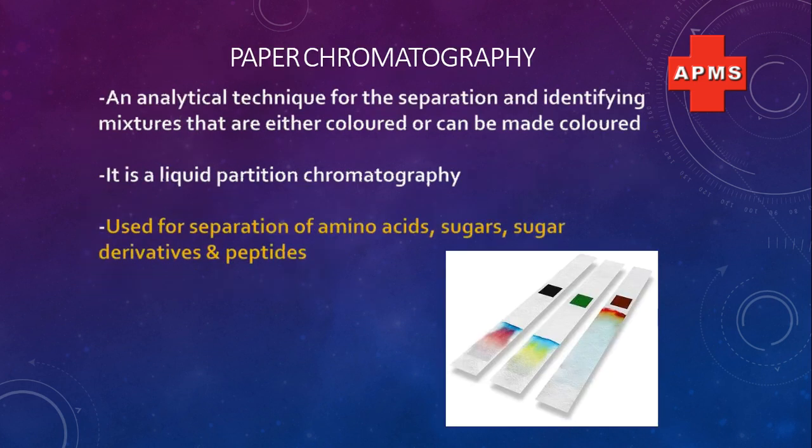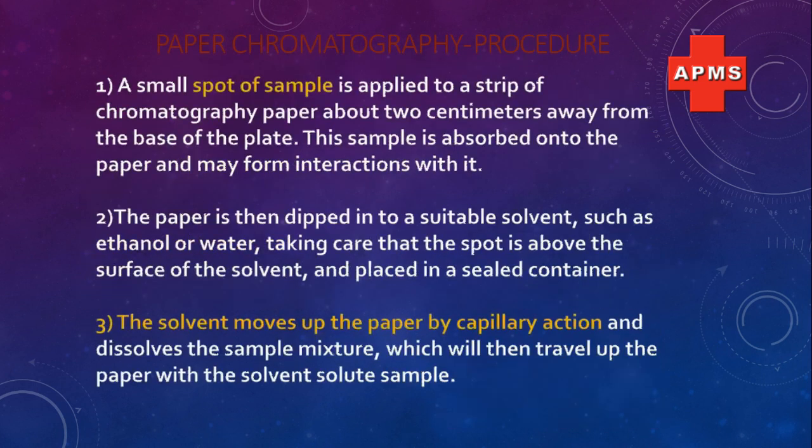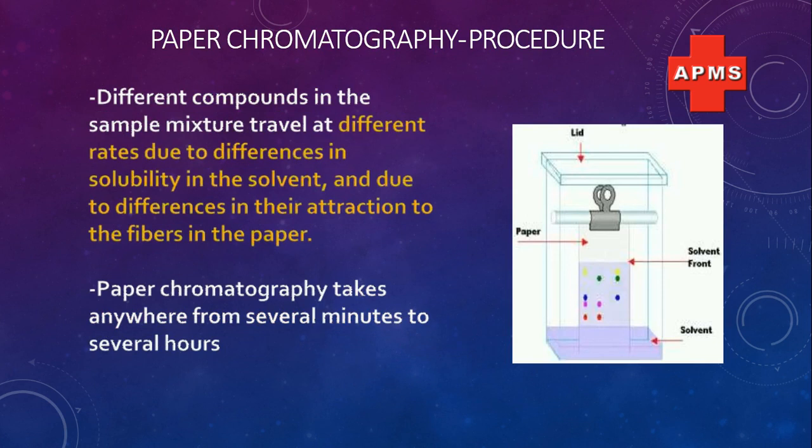Then we saw partition chromatography, then paper chromatography, where we use filter paper, normal filter paper or Whatman paper as a stationary phase, where the water molecules or small water droplets present in the voids or pores in this filter paper cellulose network actually work as the liquid stationary phase in paper chromatography.